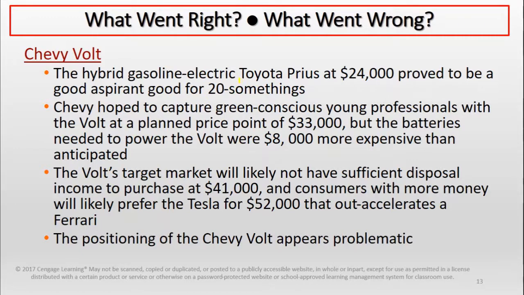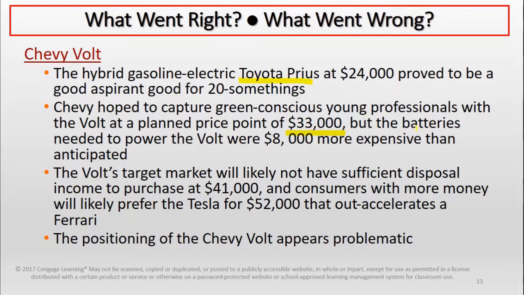So kaning Toyota is ang iyahang cater is katong mga middle class or mga middle class na mga consumers. Now si Chevrolet, he hopes to capture green conscious young professionals with the Chevy Volt at a planned price point of 33. So meaning mas taas siya kaysa kay Toyota.